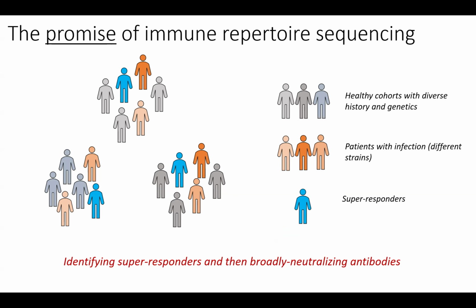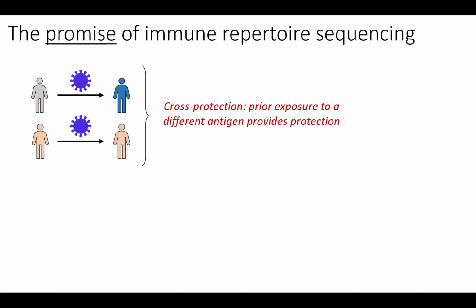Other places where having a better understanding would be helpful is, for example, if you want to understand cross-protection or cross-reactivity, where you have 2 individuals, one who had prior exposure to a different antigen, and they're both exposed to the same antigen. And the one with the prior exposure doesn't get sick or is protected. Why? Because this helps us understand what kind of crossover can happen.